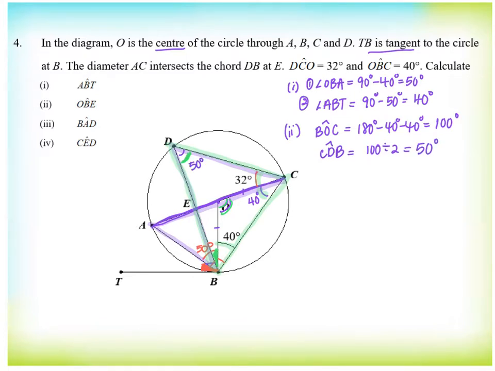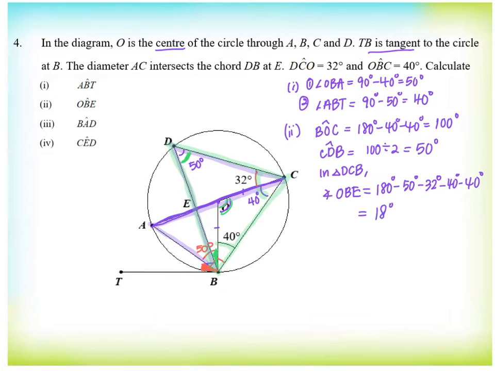Now using triangle DCB, I want to find the angle OBE. That will be 180 subtract 50 minus 32 minus 40 minus 40. And that gives me the answer 18 degrees.